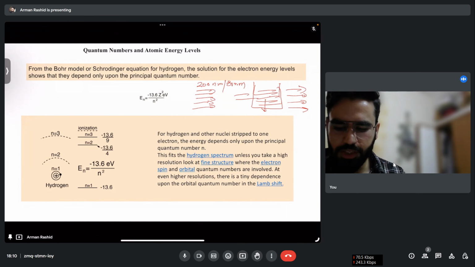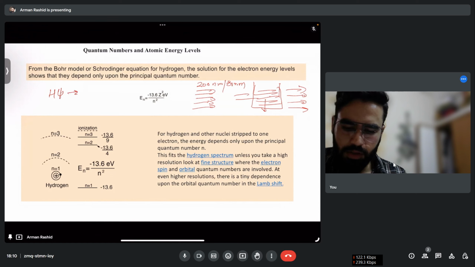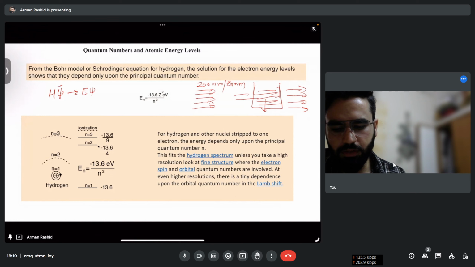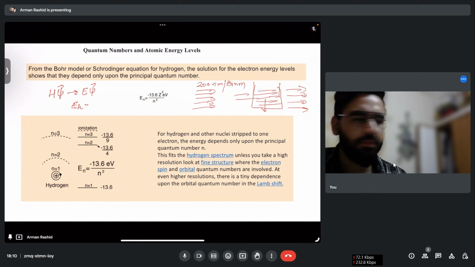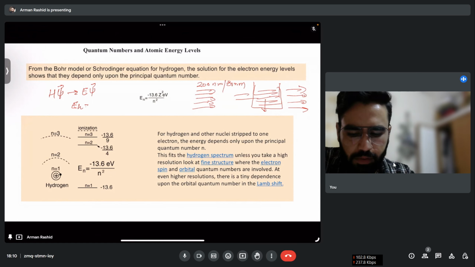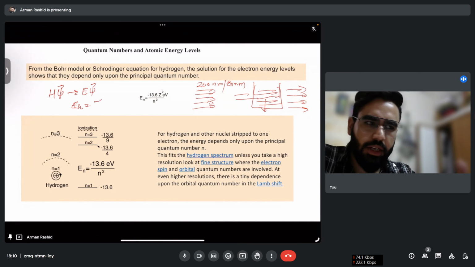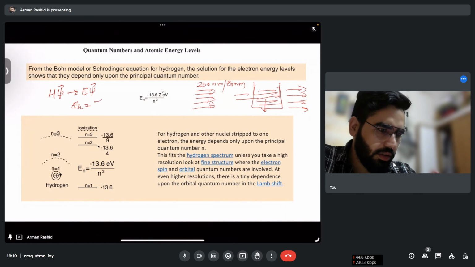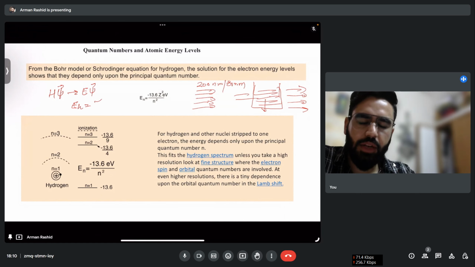In Schrodinger's equation, what we solve is H phi equals E phi. Once we solve this equation, we'll see how the energy depends on different parameters, and we'll get an equation to calculate different energies.